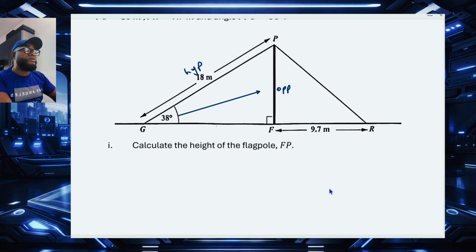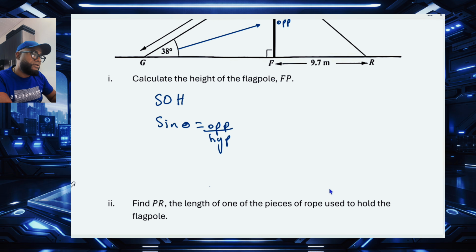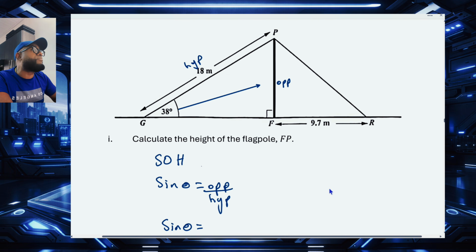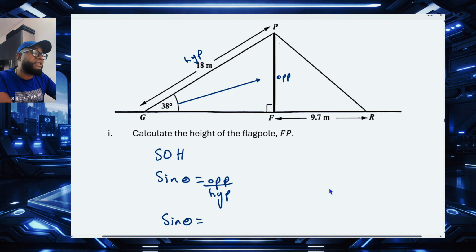So we're using sine as I said. Sine of the angle theta is equal to opposite over hypotenuse. What can I represent opposite by, Micah?